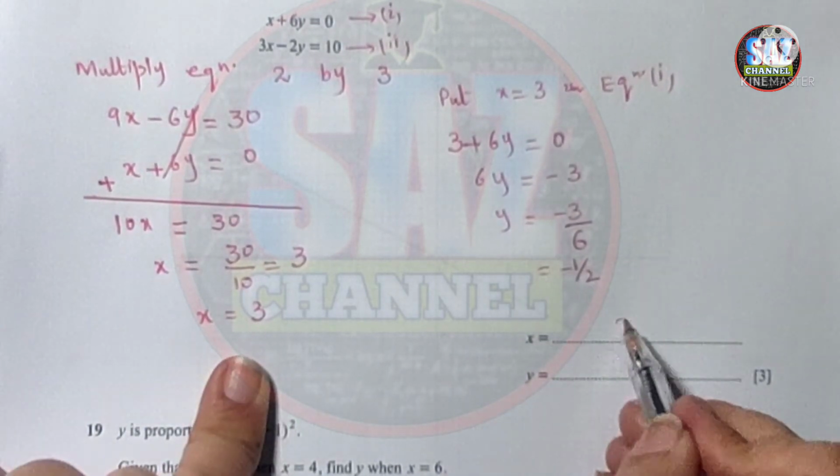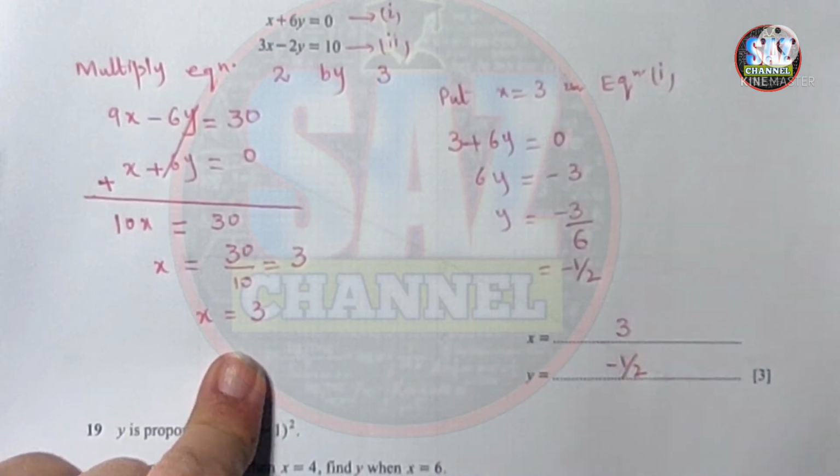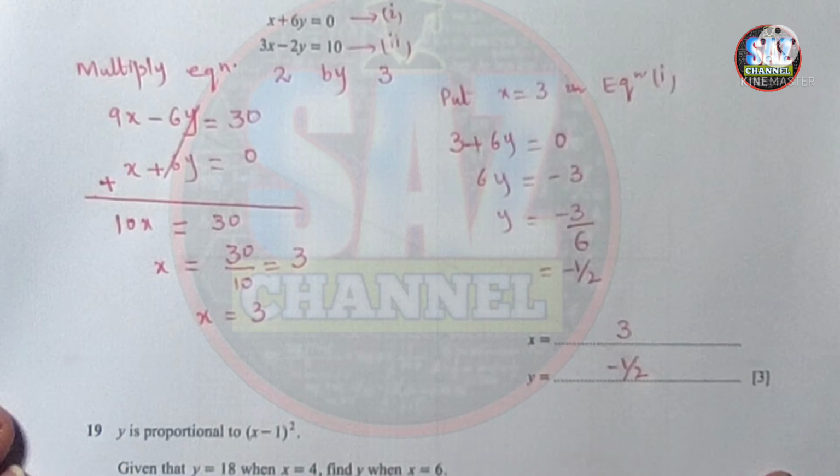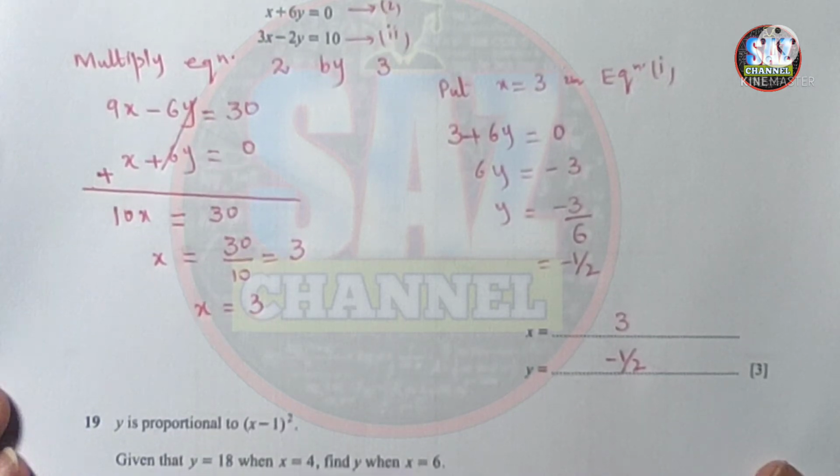So x has a value 3 and y has a value minus 1 by 2. Very easy question, and I'm really enjoying my paper because before starting this paper I revised all of the basic concepts and formulas. That's why I'm finding this paper really easy.